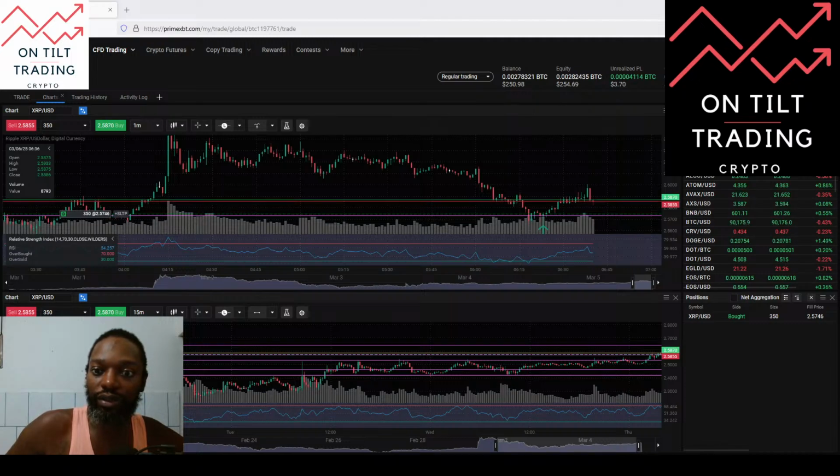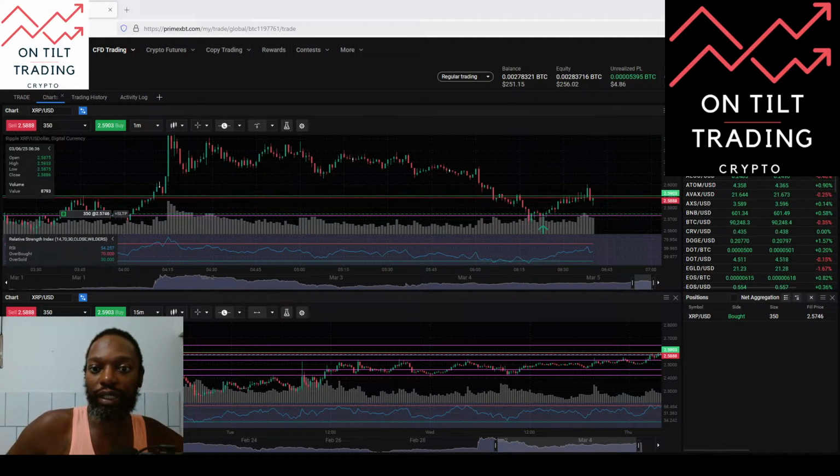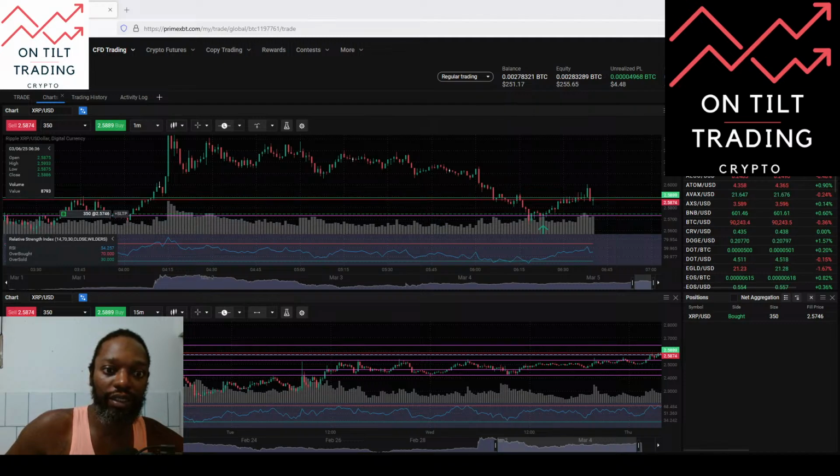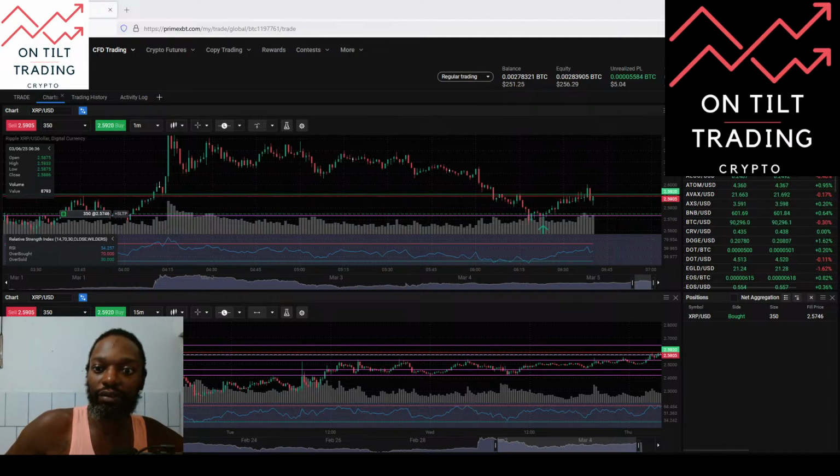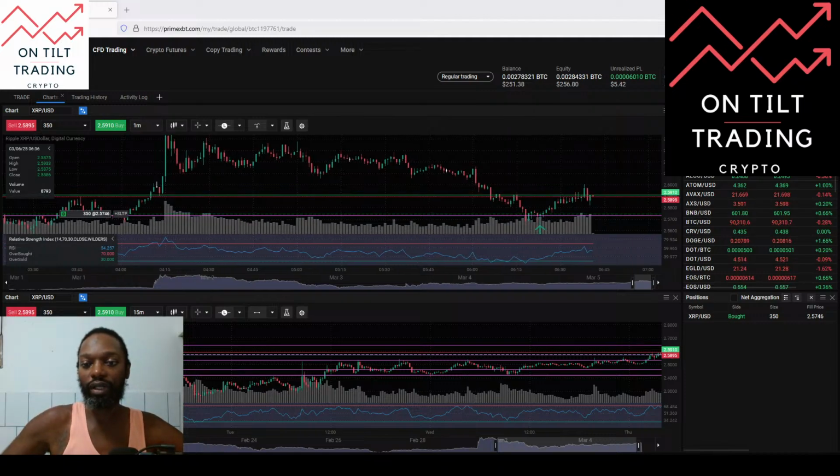So when you enter at a place like this for the breakout or potential breakout, because it still has to break out this level, this level, this level, and this level. So it would be a series of breakouts, but it has to start down here if it's going to start at all.